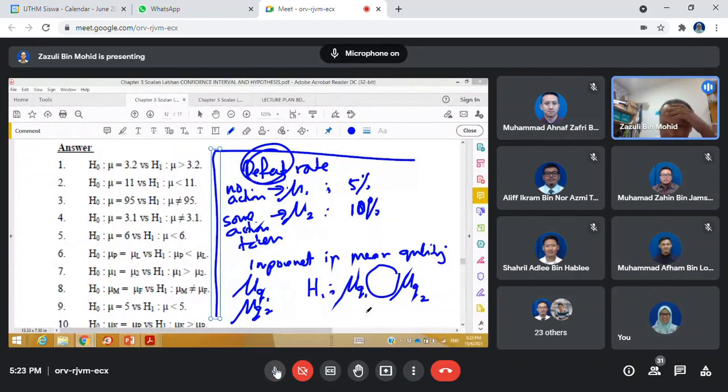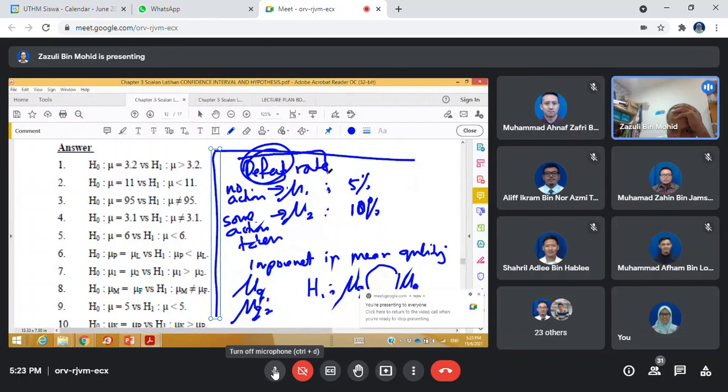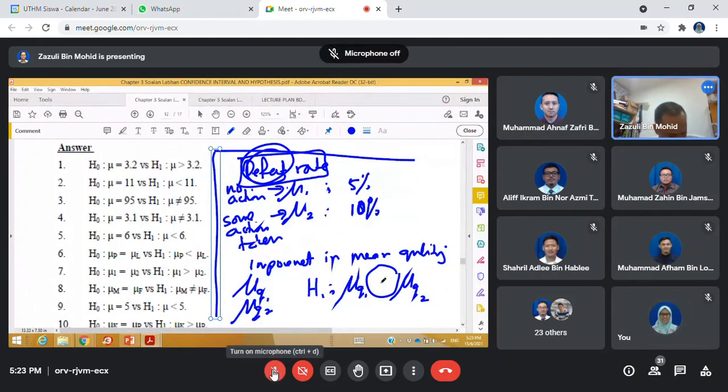We talk about the defect rate. We study on the defect rate. We have the data of the defect rate between two process, and then the question asking about the quality improvement. So, lambang ini apa? Adakah ni?